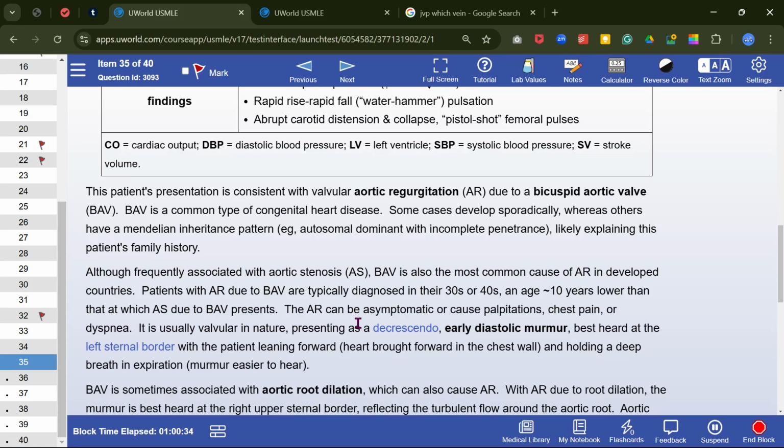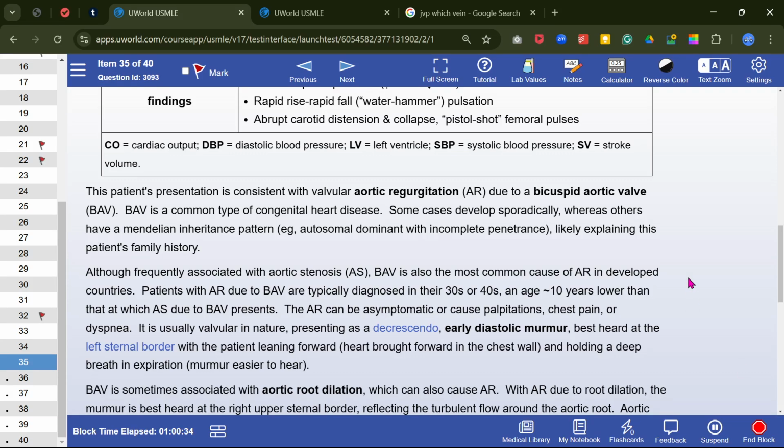Patients with AR due to bicuspid aortic valve are typically diagnosed in their 30s or 40s, about 10 years earlier than those with other causes.